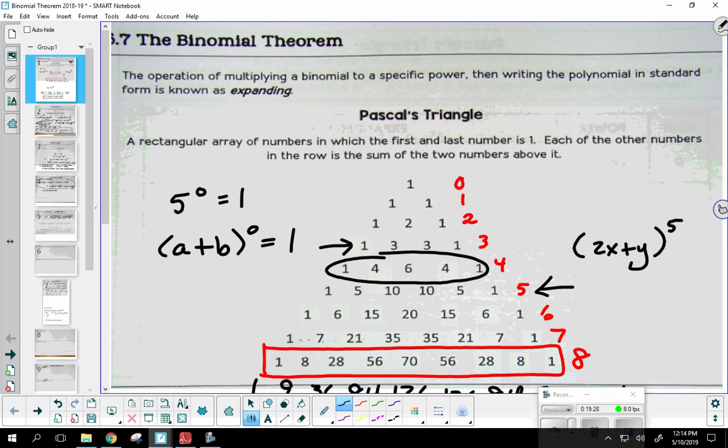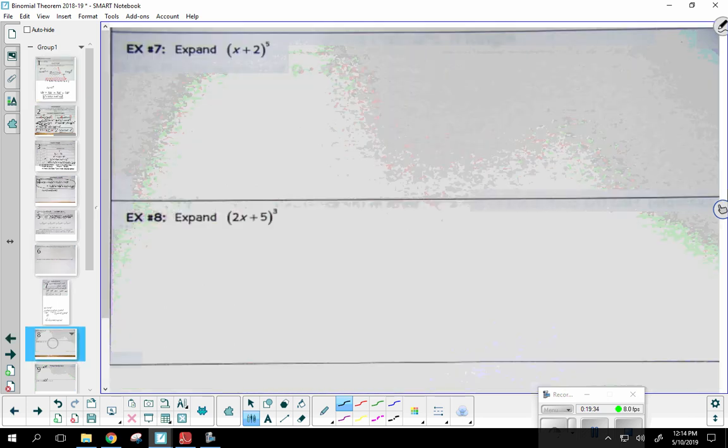Remember, always start with 0 and then count. Okay, so 1, 5, 10, 10, 5, 1. So I'm going to come back over here. So 1, 5, 10, 10, 5, 1. Okay. So my two terms this time, the first one is x. What's the second one? 2.